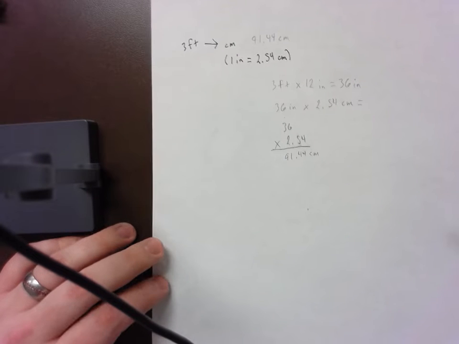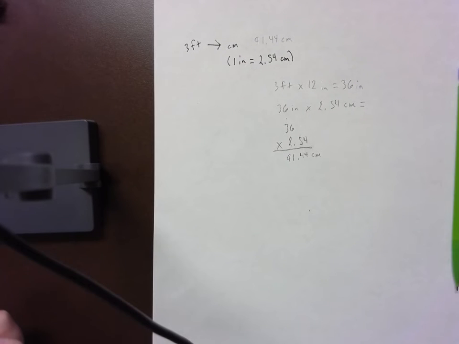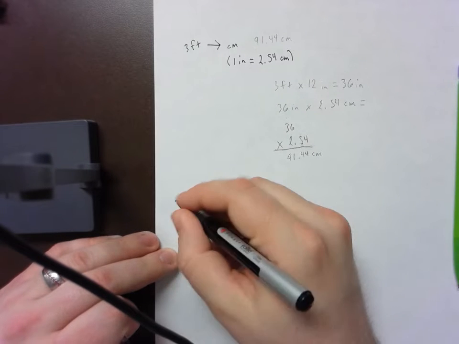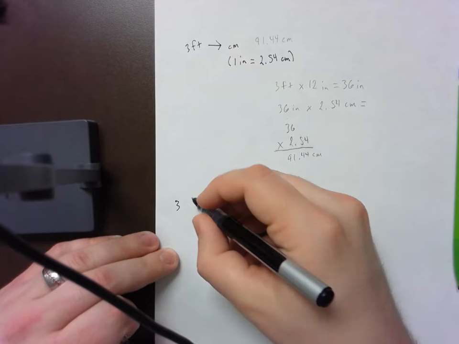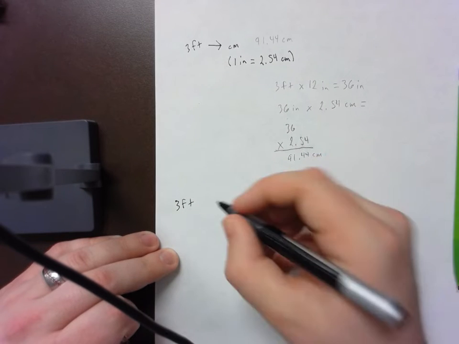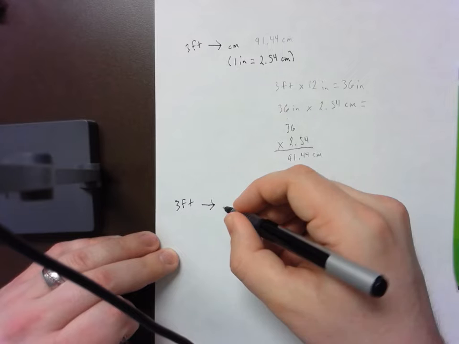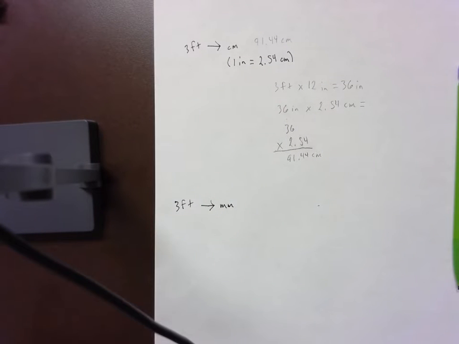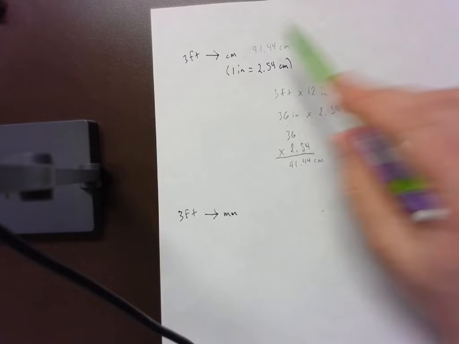Now let's set up a second problem. This is a problem that can build upon the first one. So if we have 3 feet equals how many millimeters, we can do this quite simply. So we have our answer, so 91.44 centimeters.